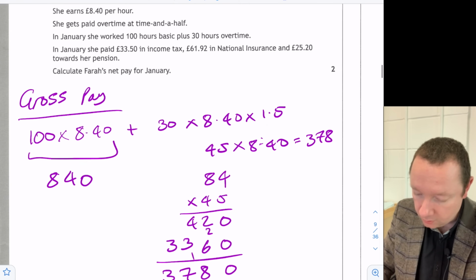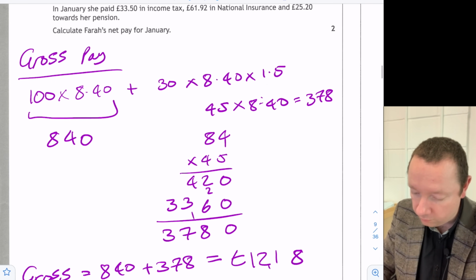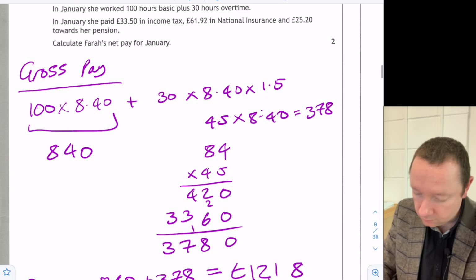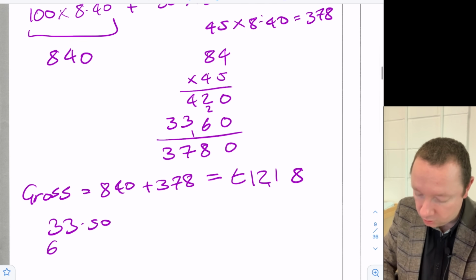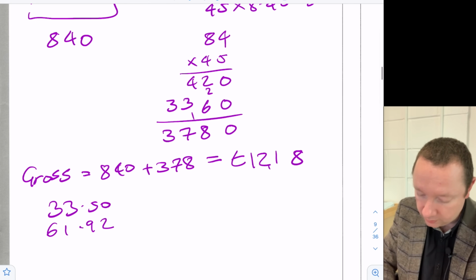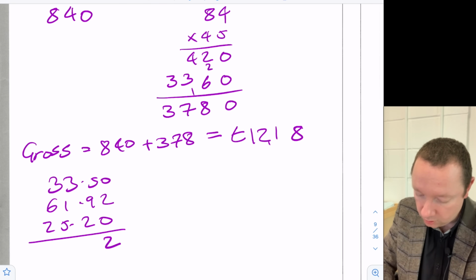Now, we then need to take off everything that comes off. So we've got 33.50, 61.92, and 25.20. So that gives us 120.62.